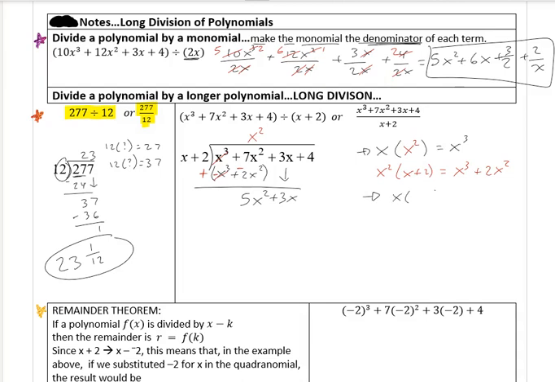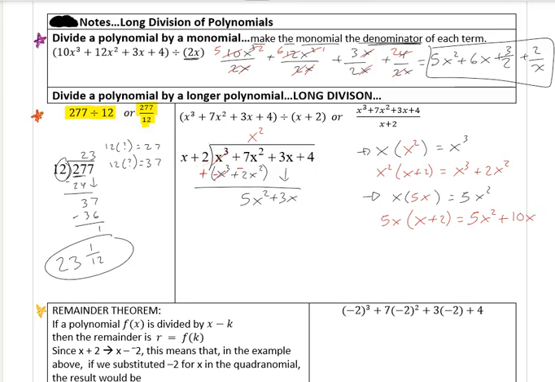X times what gives me 5x squared? And the answer is 5x. So take that 5x and I multiply it by this x plus 2. That gives me an answer of 5x squared plus 10x.